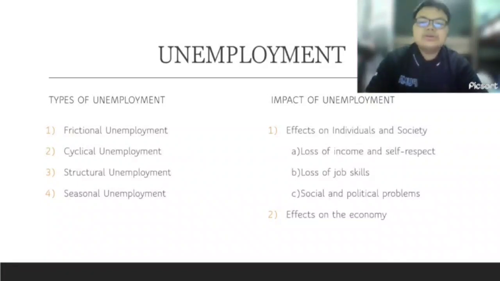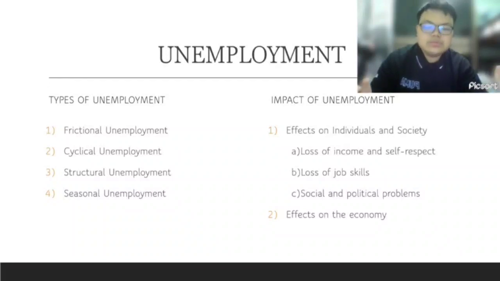Cyclical unemployment is the variation in the number of unemployed workers over the course of economic upturns and downturns, such as those related to change in oil price.